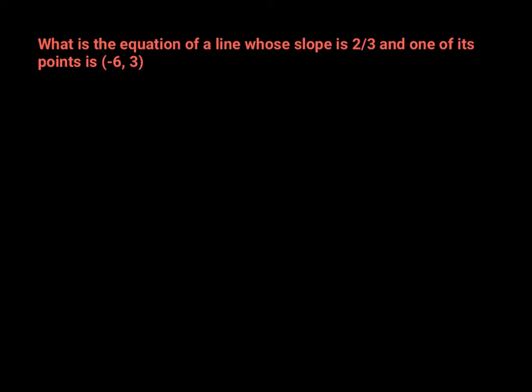We know the point slope form is written as y minus y1 is equal to m into x minus x1. We have 1 point, so we have x1 and y1, and we can plug them into this equation.